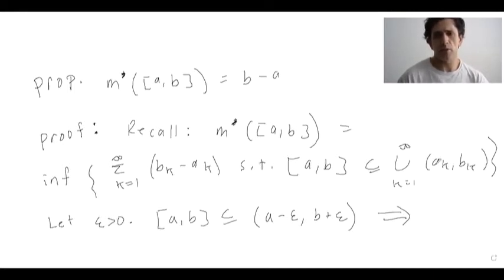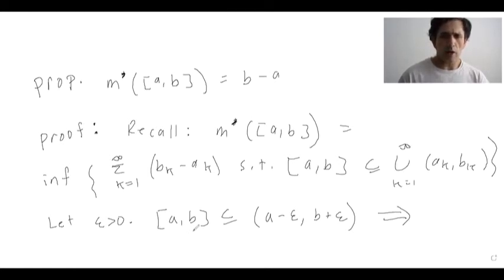In particular, to get a finite cover by intervals, after a certain point you could just declare a_k to be equal to b_k, and so you basically have the empty set, whose length is 0 by definition. So when I write this here, I'm also allowed to consider finite unions.